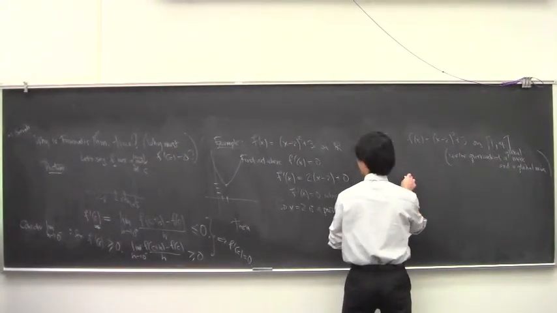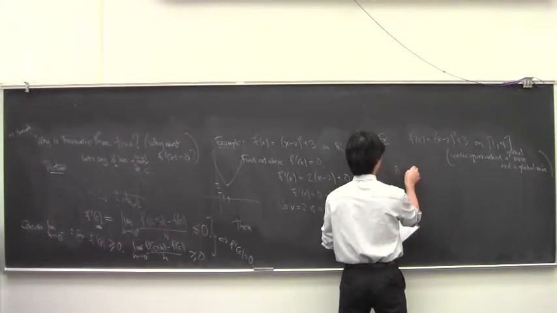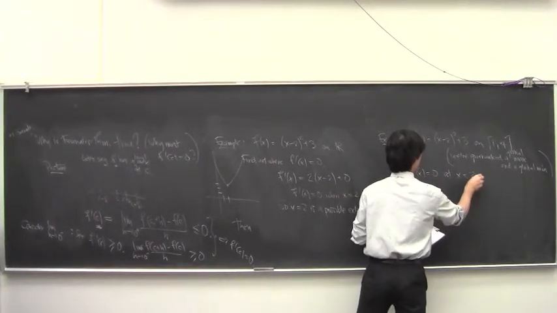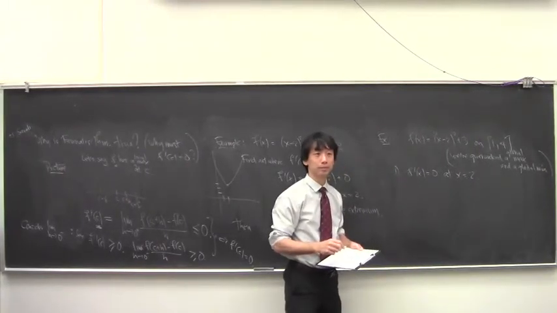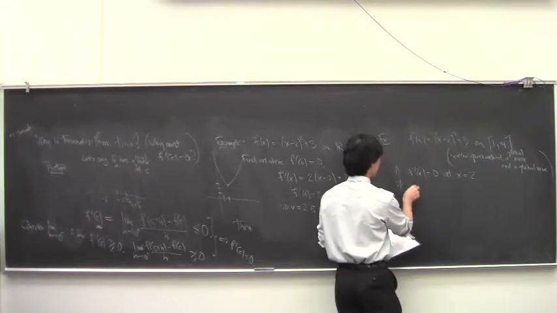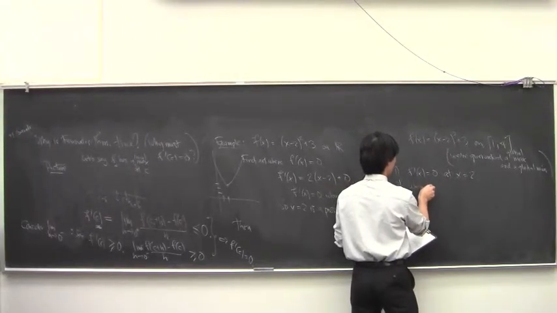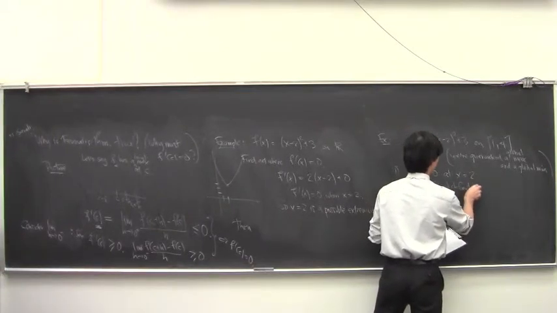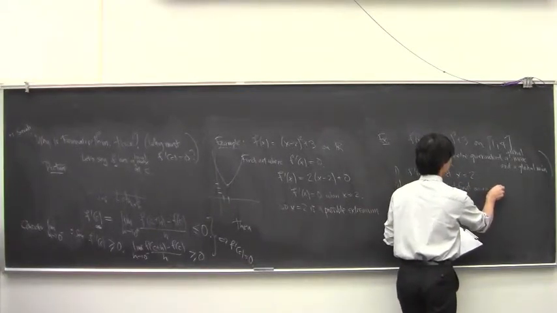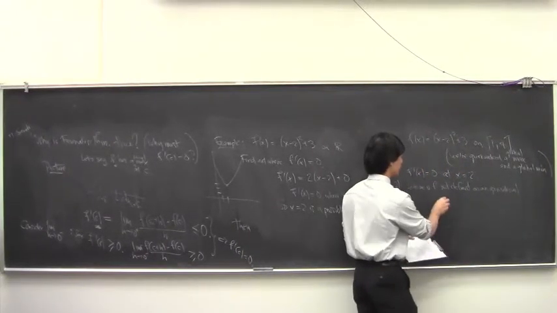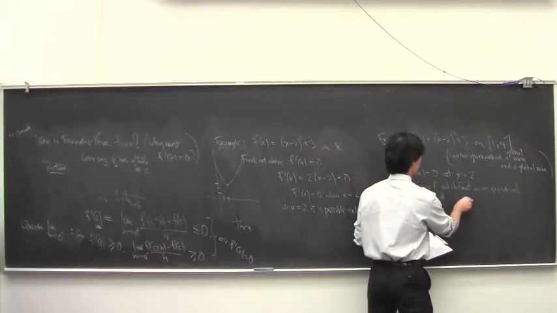So we do the same thing again. We say, okay, where is f prime equal to 0? Well, that happens at x equals 2. And in the second group, where is f not defined on an open interval? Well, that's at 1 and 4.